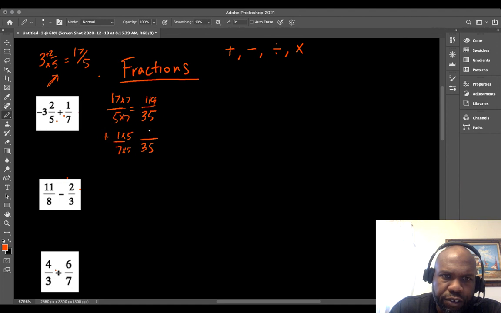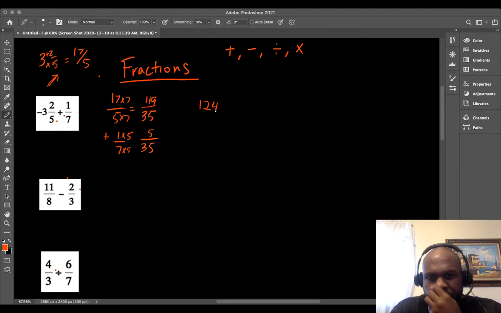And this is also 5, the whole thing. So if you add 119 and 5, that's 124. 124 over 5, and that would be the answer to the question.